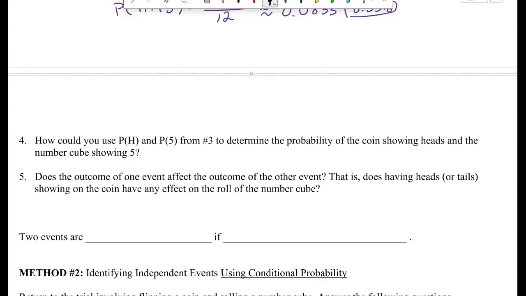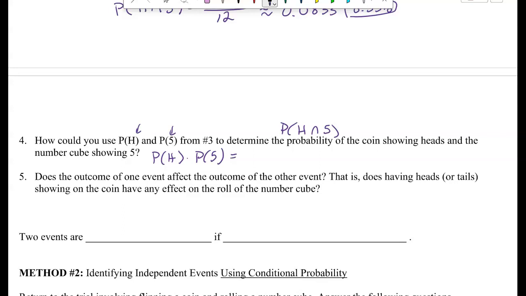So how can I use these two to get this? How could I do that? Yeah, multiplying them together. I like fractions better, Eli, but yeah, that's exactly what we do.